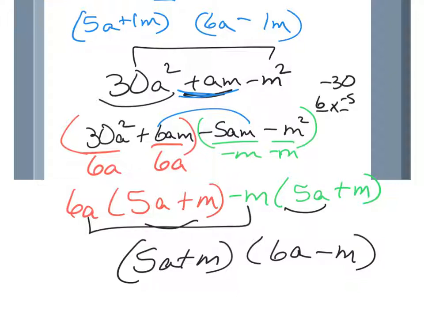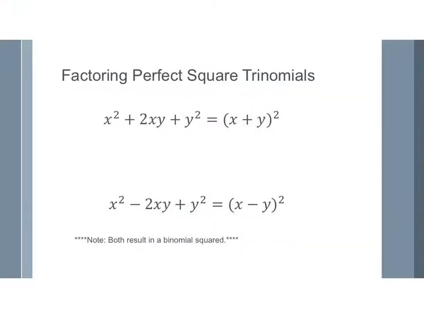So now let's try the perfect square trinomials. Now, it would really help you if you can memorize these patterns. It just makes things easier, especially when you go to take the SAT.